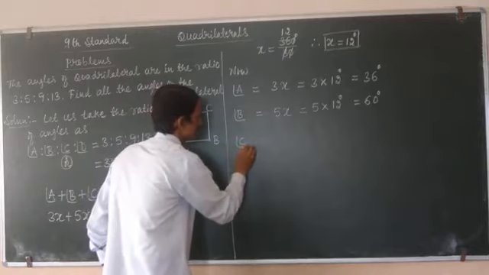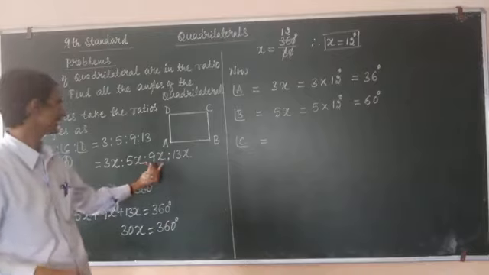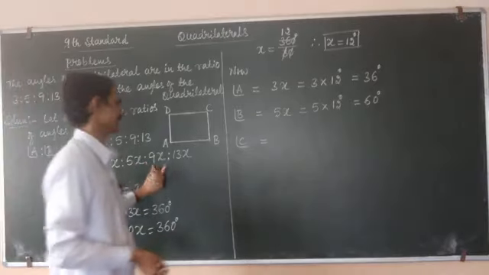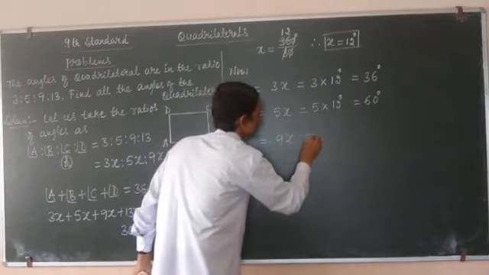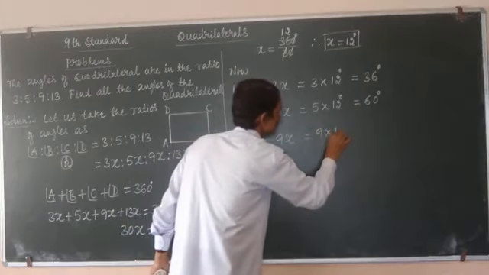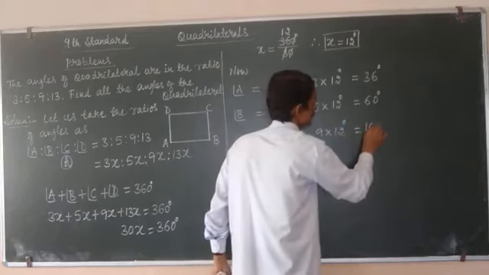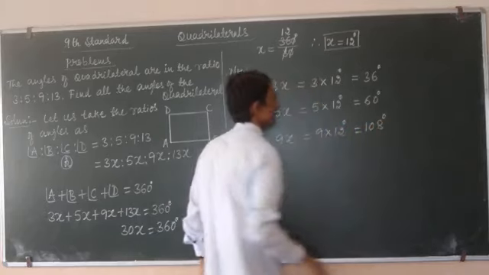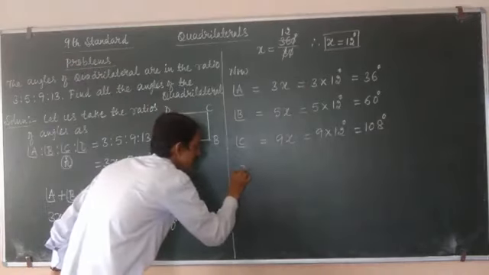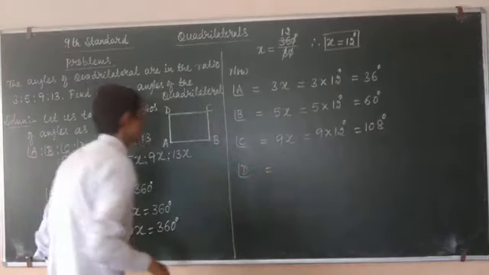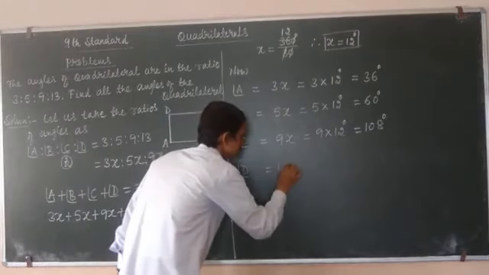Now find out the value of angle C. The value of angle C is 9x. 9x equals 9 into 12 degree, so it will be equal to 108 degree. Now angle D is equal to 13x.